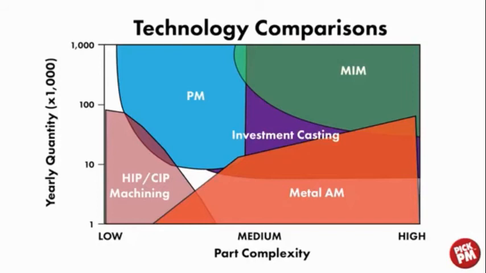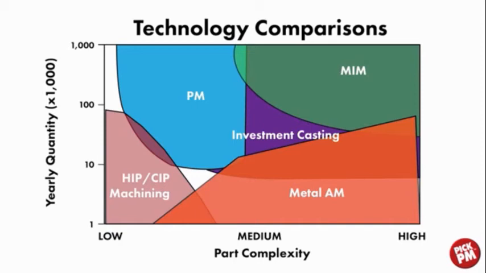In this graph, we have technology comparisons. Across the bottom, we see part complexity from low to high, and we see yearly quantities on the Y scale. In the bottom left, we have HIP and SIP, and you can see that they're low part complexity and typically lower volume. Above that, we see in blue conventional powder metallurgy, with medium part complexity and very, very high volume.